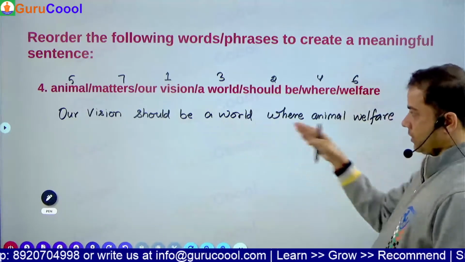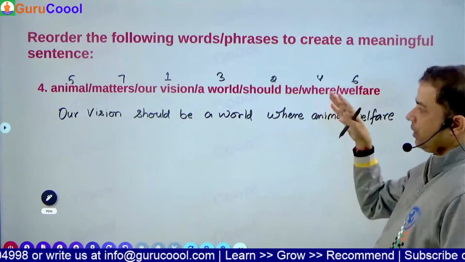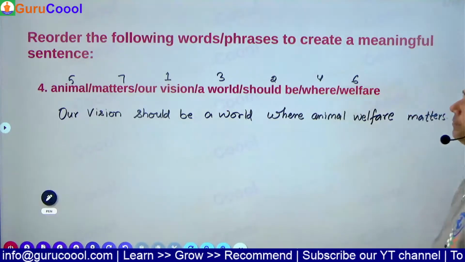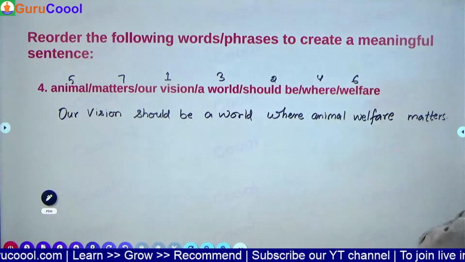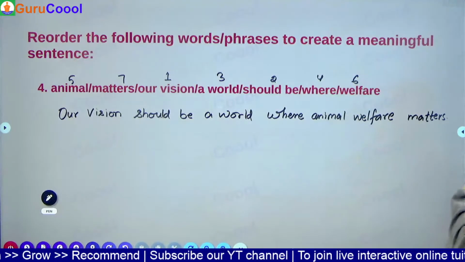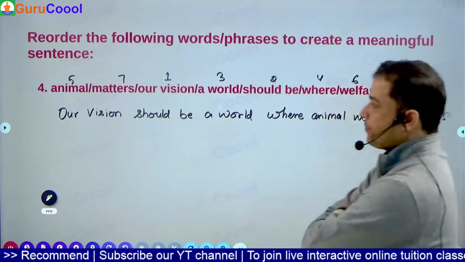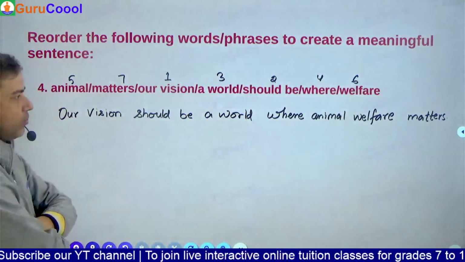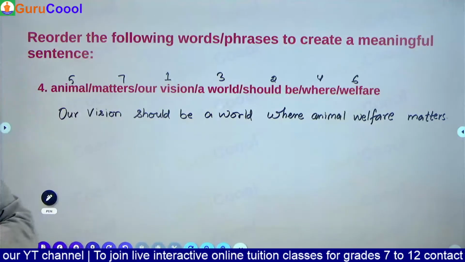Look at the structure, meaning, and if you find it correct, then make a match with your answer. If you want to discuss, tell me.